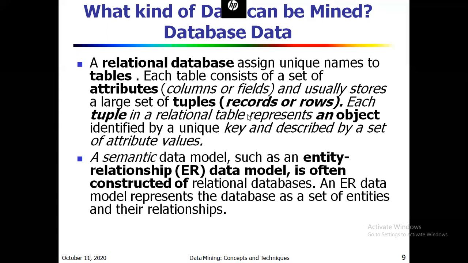It is just like a simple 2D table. In this table we have multiple columns, and these columns are the attributes A1, A2, and A3.